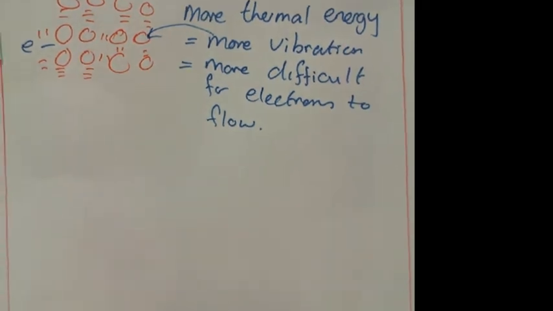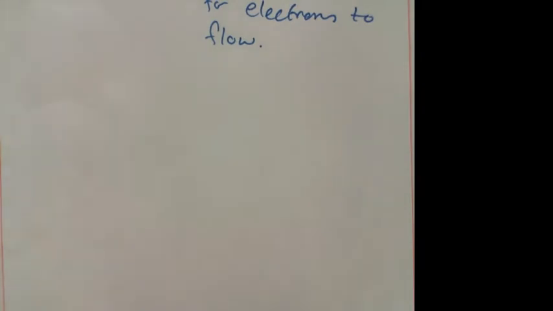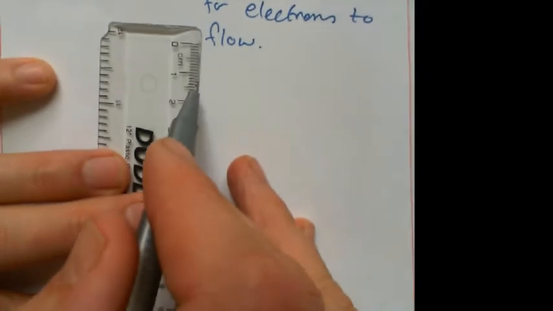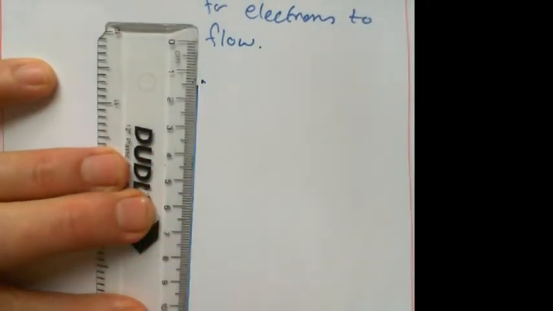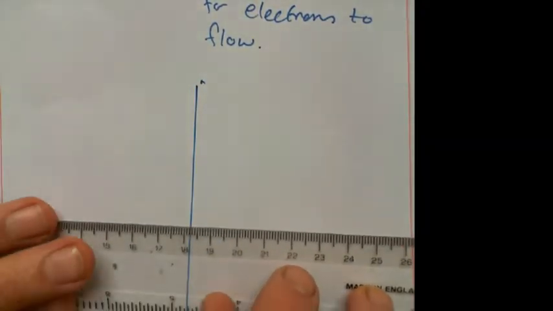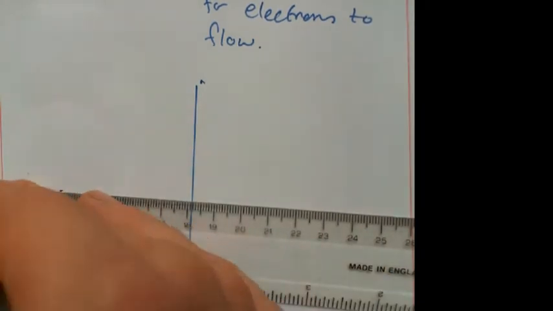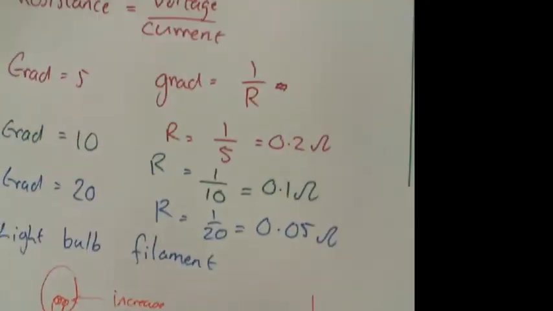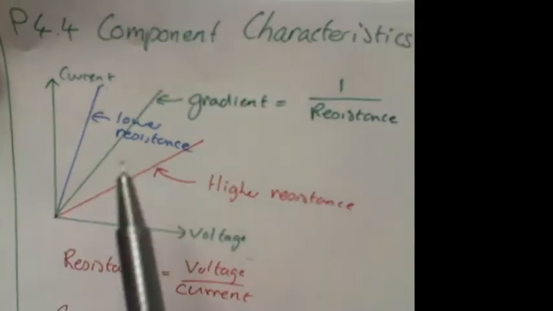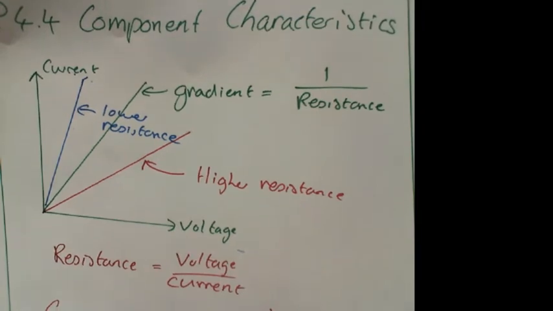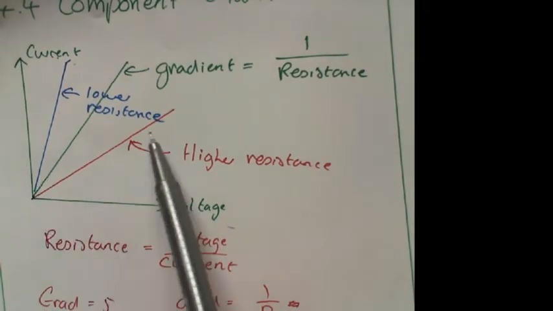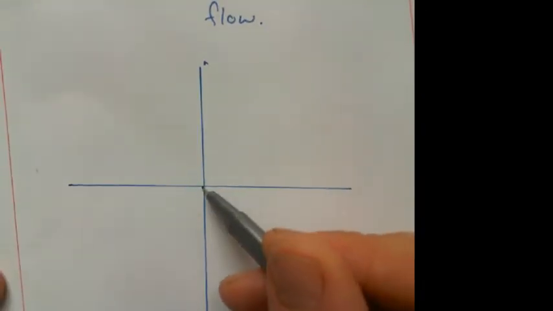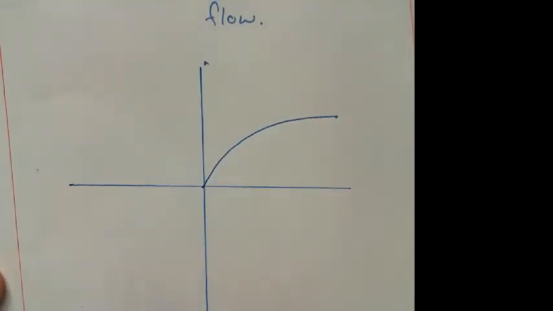If you look at the next bit, how does that show itself on the IV curve? Well, if it's getting more difficult, then I would expect my gradient to be getting less steep. So for my light bulb, as it gets hotter, the gradient is going to get less steep. So you get a curve like that.